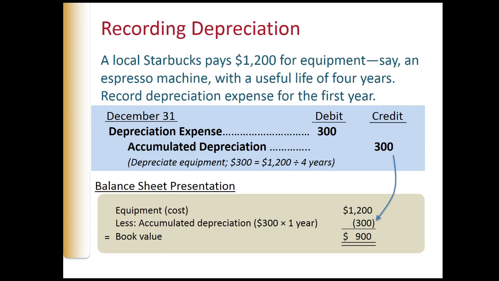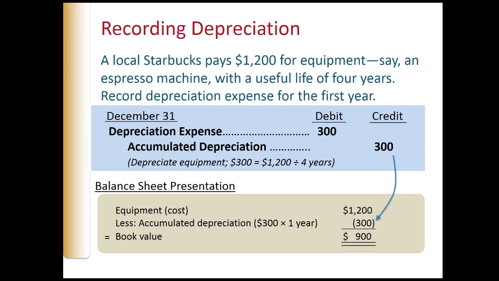Now, the book value is also referred to as the carrying value, which equals the original cost of the asset minus the current balance in accumulated depreciation. Note that by increasing accumulated depreciation each period, we're reducing the book value of the equipment.